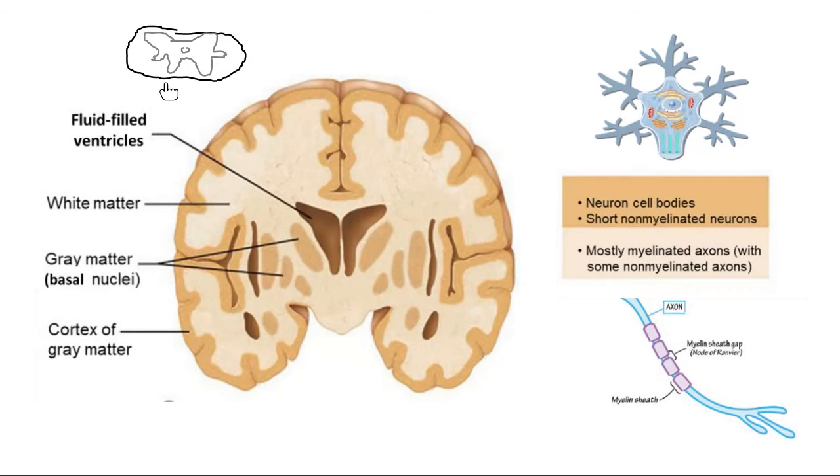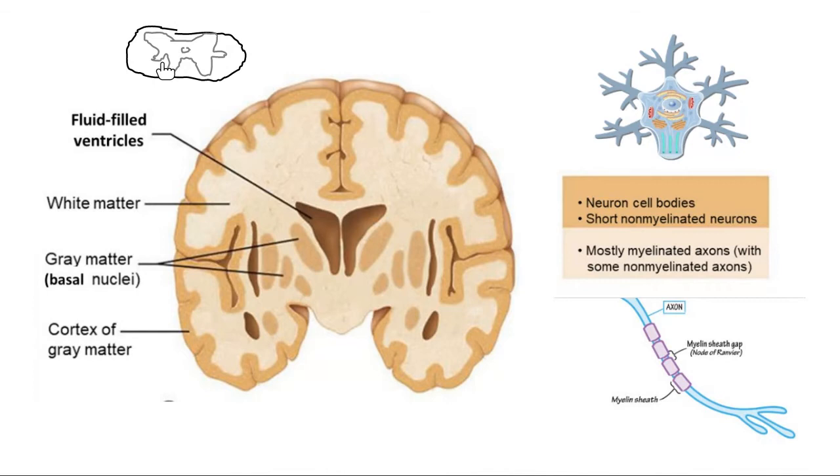When we talk about the spinal cord, we had gray matter in the middle arranged in things. What were these little things in the middle called? Does anyone remember what we called the gray matter in the spinal cord? Yeah, the gray matter in the spinal cord was called horns. So I did a terrible sketch here.